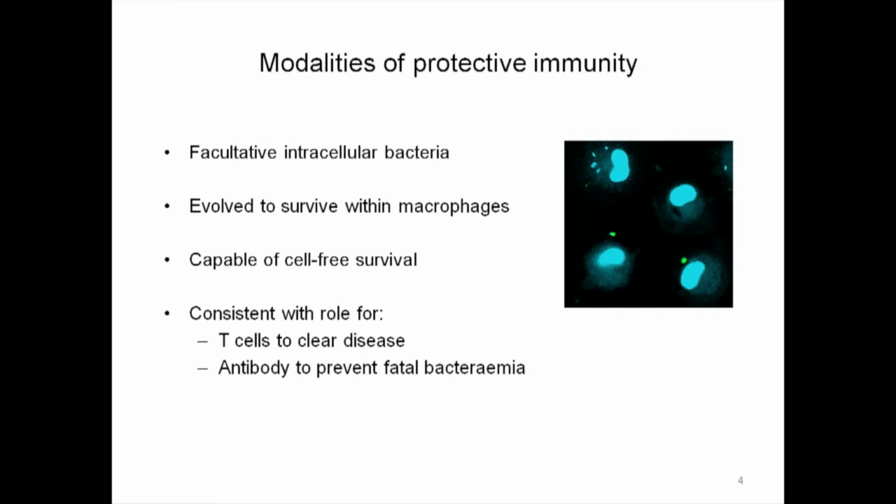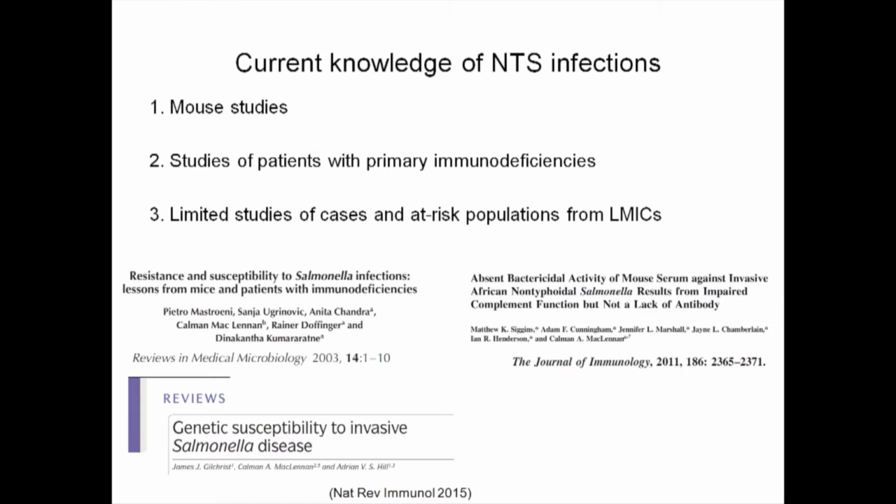So just to point out again, these are facultative intracellular bacteria. They've evolved to survive within macrophages, but are capable of cell-free survival. This is consistent with the role of T cells to clear disease, as Piero was talking about elegantly earlier from the mouse model, and also antibody, particularly to prevent fatal bacteremia.